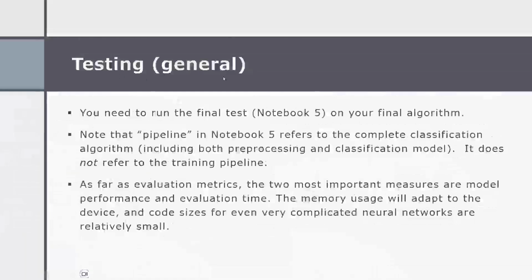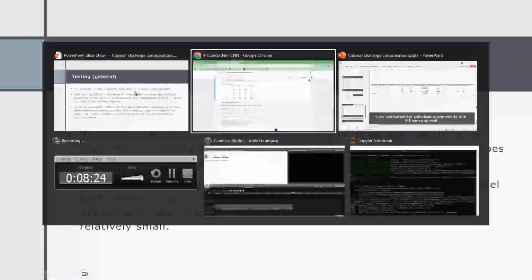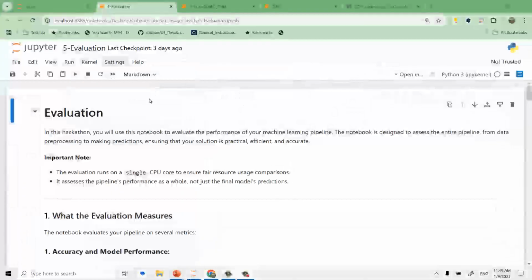Okay, now for final testing, you do need to run the final notebook on your algorithm. So if we look at the final notebook quickly, here it says, in this hackathon, you'll use this notebook to evaluate the performance of your machine learning pipeline. So here when it's talking about pipeline, it's not talking about your training procedure.